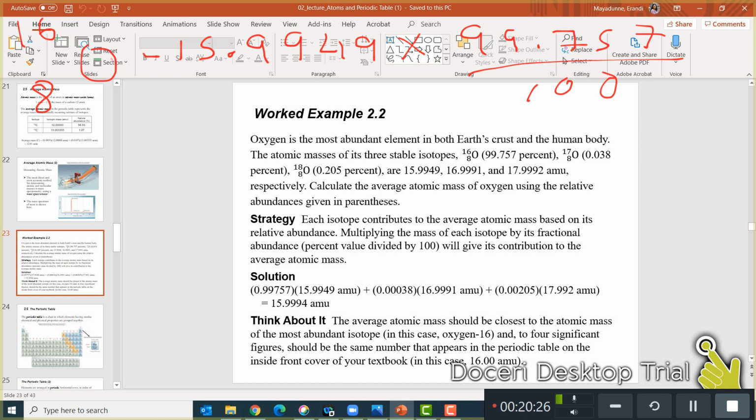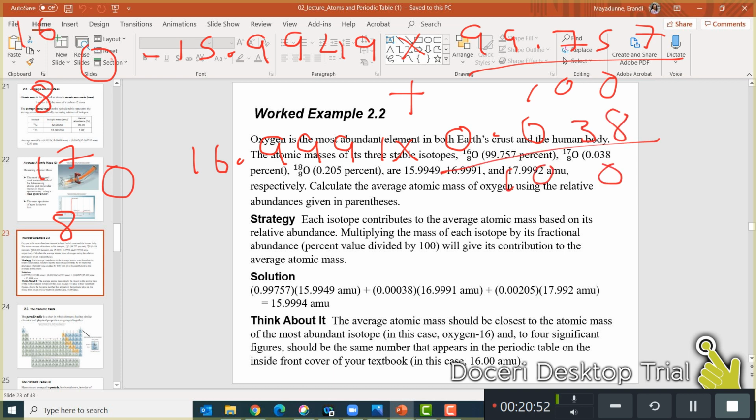Then you add this to my second isotope, oxygen-17, where you get the mass 16.9991 times 0.038 divided by 100.